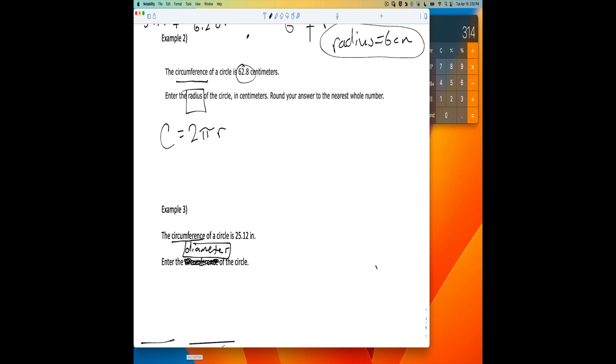Where do I put 62.8, Topanga? Is that my circumference or my radius? Good. So where would I place it? In place of which variable? Which letter represents circumference in this equation? Good. Let's put it to the left.